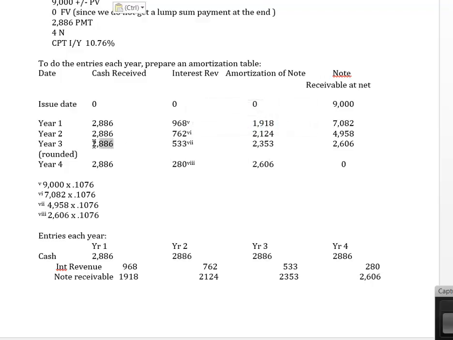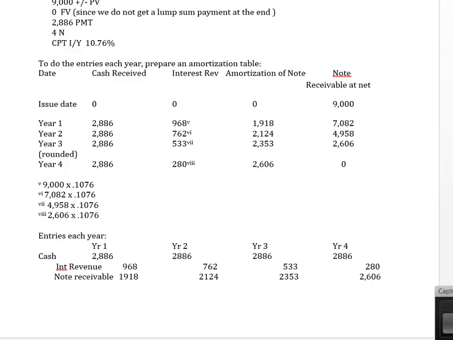So in this 2886 payment, if 533 is interest, then the note principal being paid down is 2353, and that gives us 2606 as the amount of the note left to be paid down.